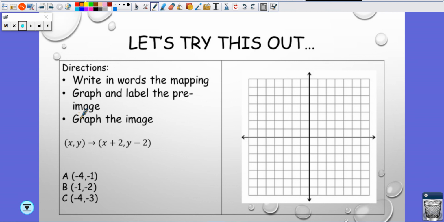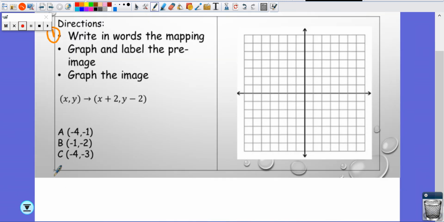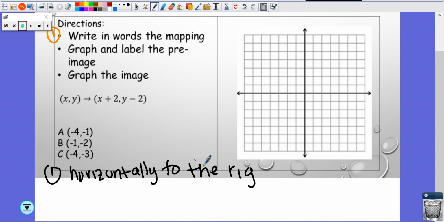Okay, so here it says write the mapping in words. So the first one means here, here's the pre-image and here's what happens to the image. So we're going to shift horizontally to the right 2.